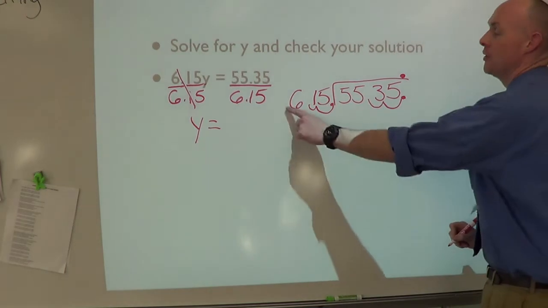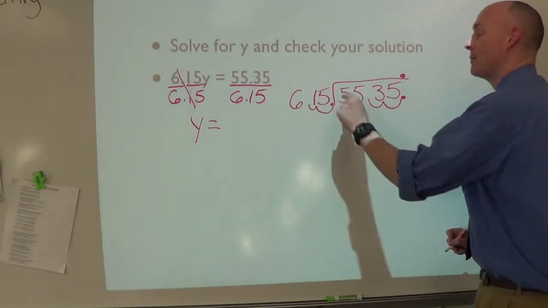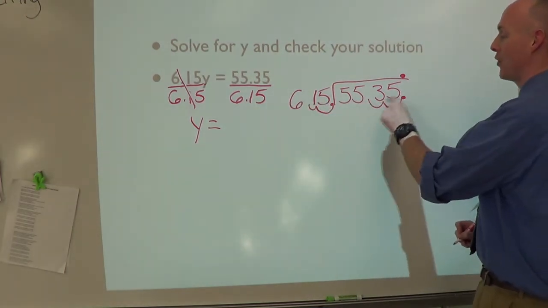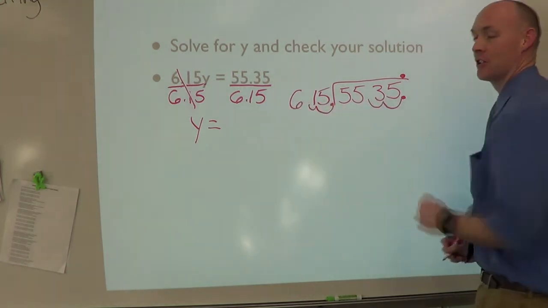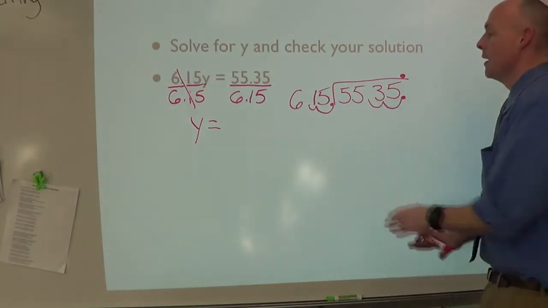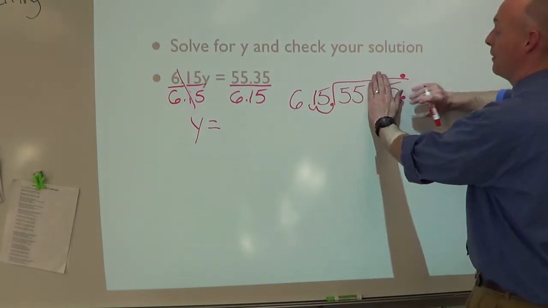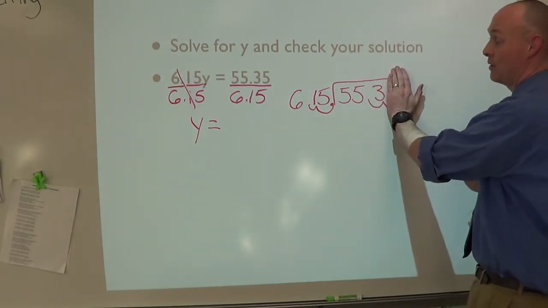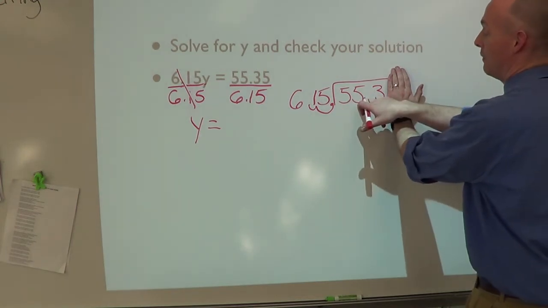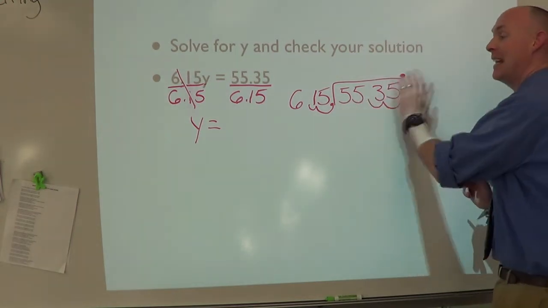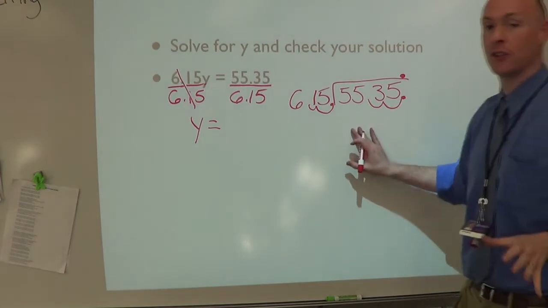Okay. So now what we're really doing is we're dividing 5,535 by 615. Now I look, 615 can't go into 5, it can't go into 55, it cannot go into 553, but it can go into 5,535.